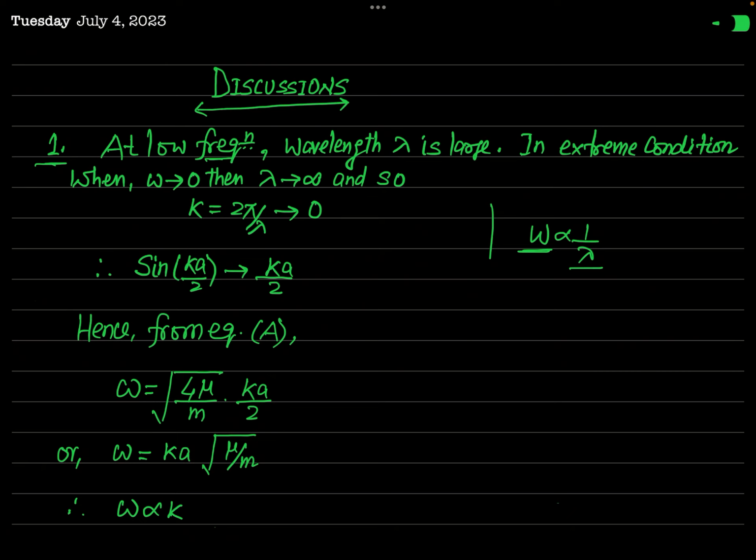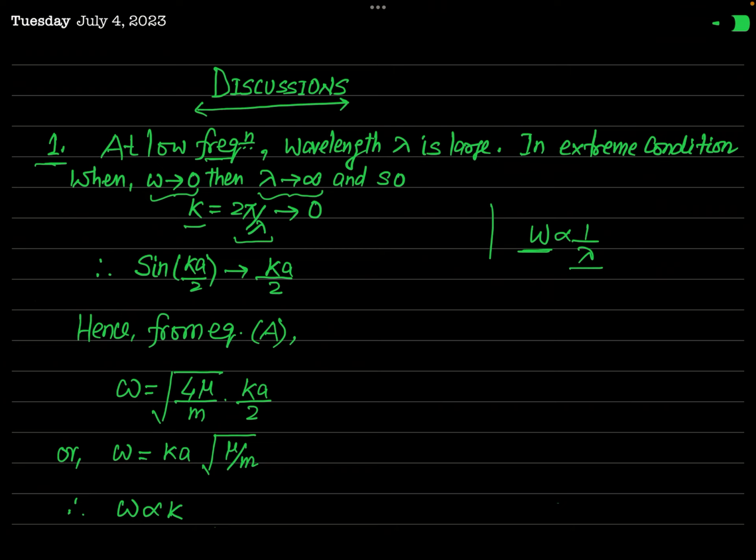In the extreme condition, if omega tends towards 0, then lambda will tend towards infinity. And in this condition, what will happen to the value of k? As you know, k is equal to 2 pi over lambda.